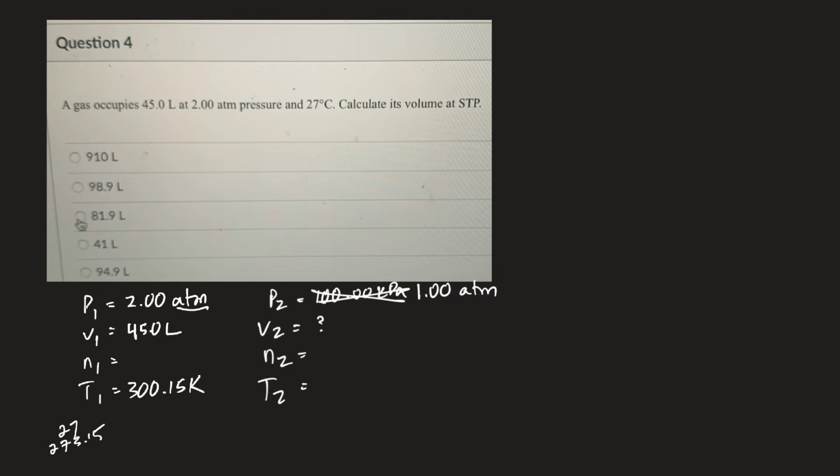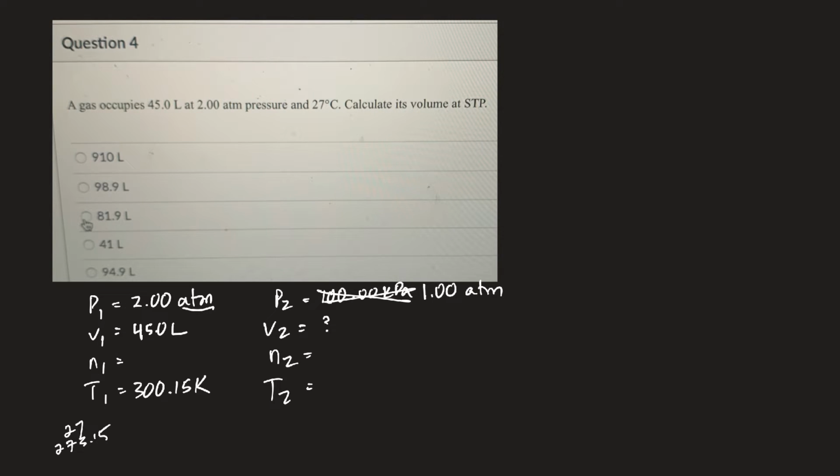I think standard pressure is 1 atmosphere. And then temperature at standard pressure is 0, so that's 273.15 Kelvin. Okay, looks like they're not changing how much gas, so that's a wash.